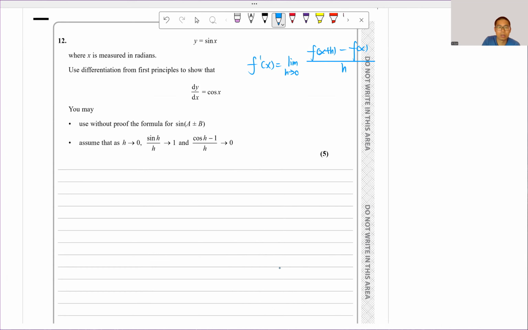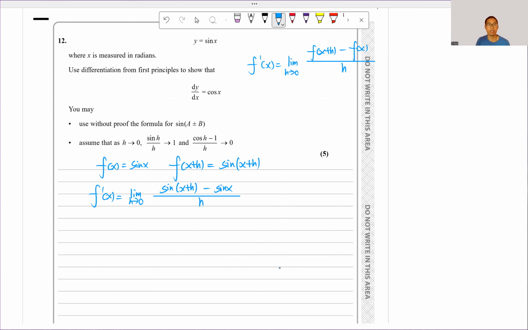In this case, y is equal to sine x, so f(x) is equal to sine x, and f(x plus h) is obviously sine (x plus h). So if we're looking for the derivative f'(x), that would be the limit as h goes to 0 of (sine(x plus h) minus sine x) over h.